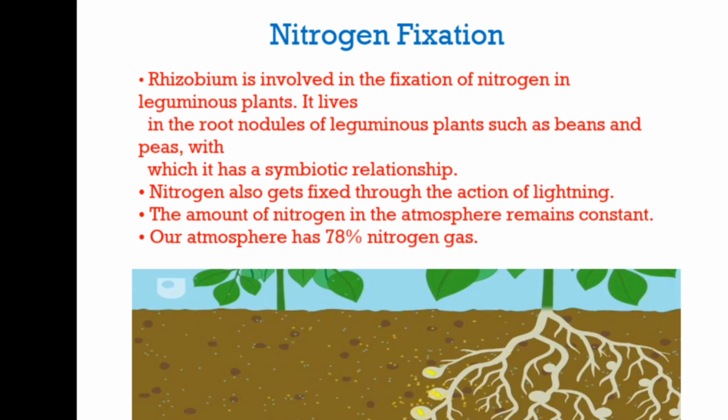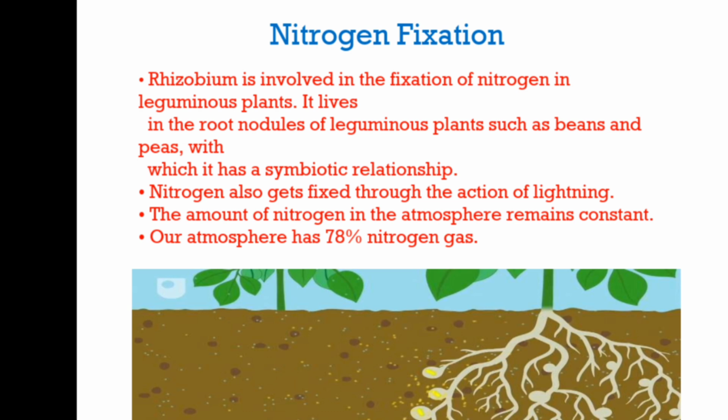So in this way rhizobium bacteria and leguminous plants help each other. When these organisms live in a beneficial, mutual relationship, helping each other, this is known as symbiotic relationship.